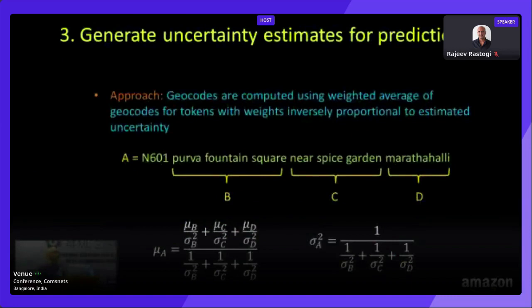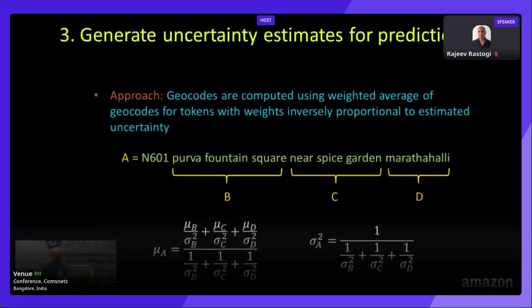Now, for a new input address that may come, we can compute the address geocode by taking a weighted average of the geocodes for the different address tokens, right? And the weight for each address token here is inversely proportional to the error radius of the address token. So in this equation shown here, you can see that the mu's here are the geocodes for the different address tokens that we had computed, and sigma square are the error radius or variance for those geocodes.